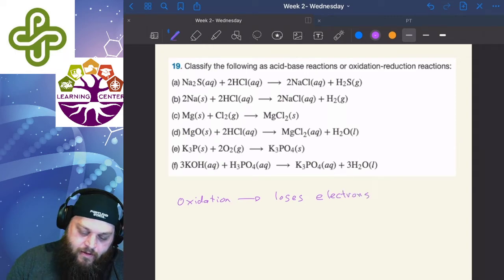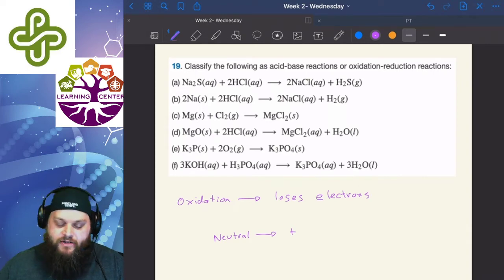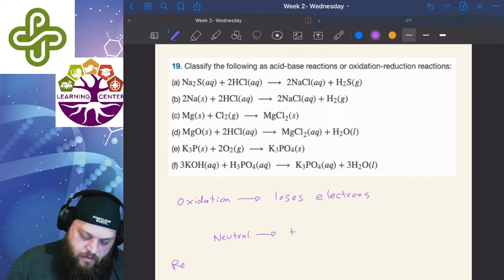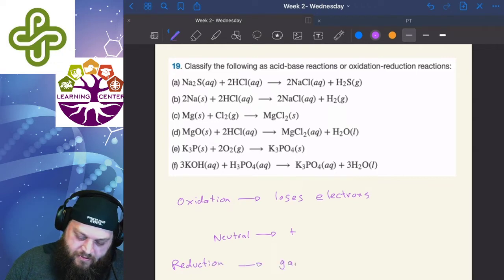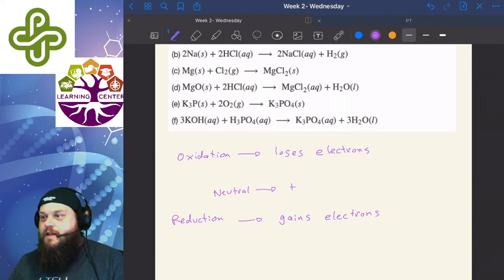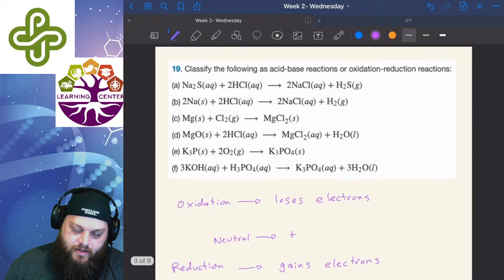This can be apparent if it starts out as neutral and becomes positive, which means it's losing a negative charge, which makes it more positive after the reaction happens. That's an oxidation. A reduction is the opposite. Reduction means it's gaining electrons, so it becomes more negative or less positive, either way. So that's the definition of oxidation and reduction for these.